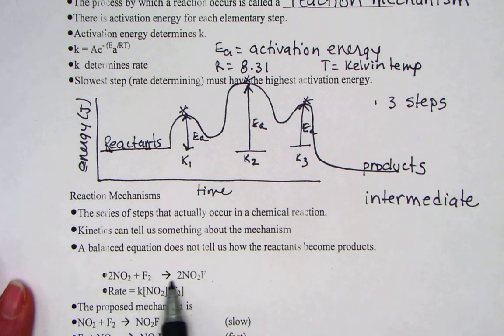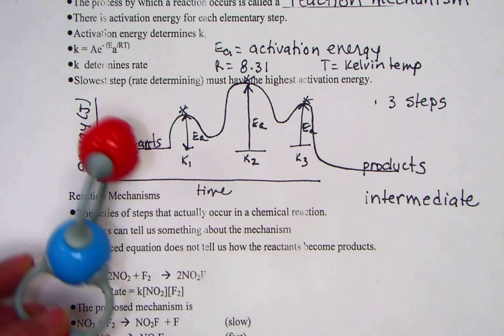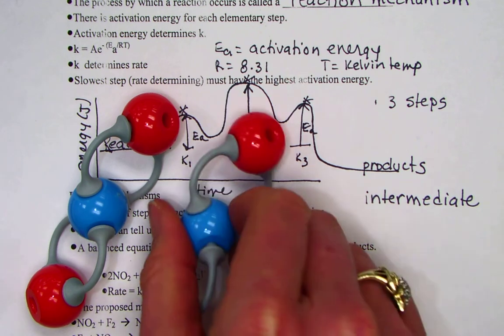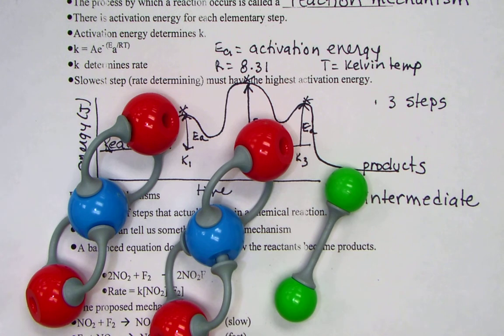If I look at this particular reaction visually for a moment, a molecule of NO2 could be represented with this figure, a second molecule of NO2, and finally the F2. There are 3 molecules on the left side of our equation. How do they achieve the overall product, 2 units of NO2F?